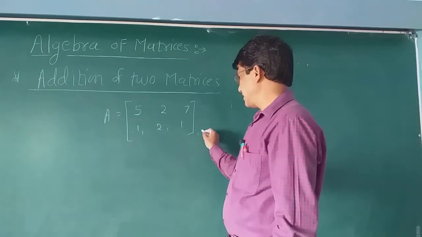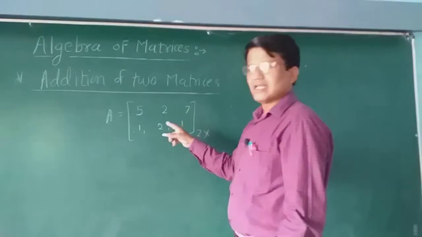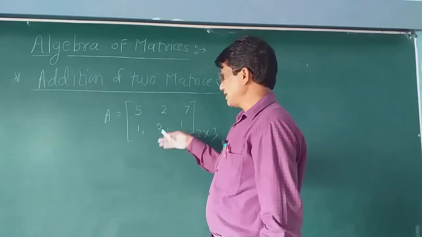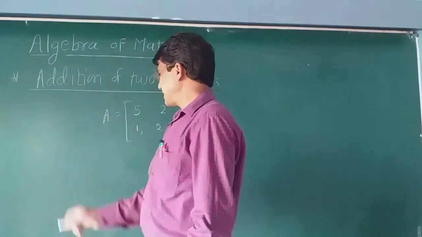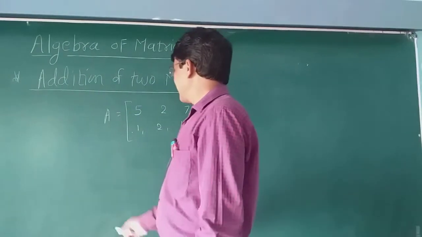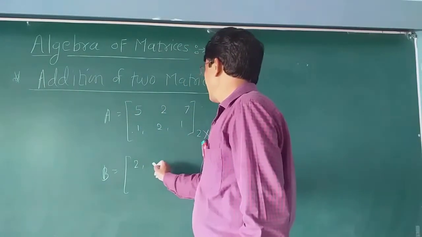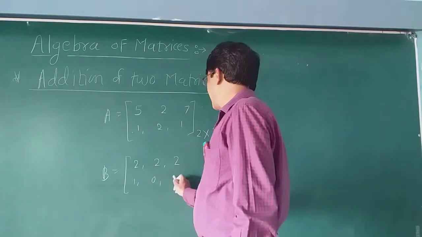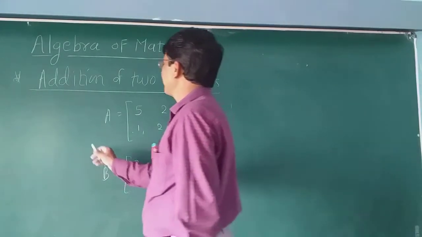Order is 2 rows and columns are 3: column number 1, column number 2, column number 3. This is matrix A. And here another matrix B is equal to 2, 2, 2 and 1, 0, 3. What is the order? Again 2 by 3.